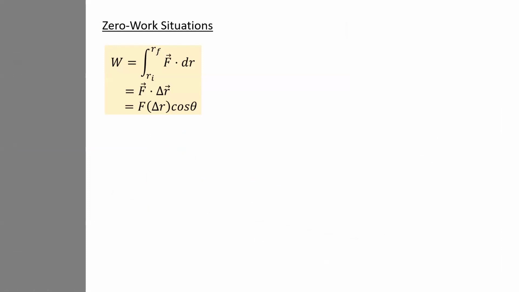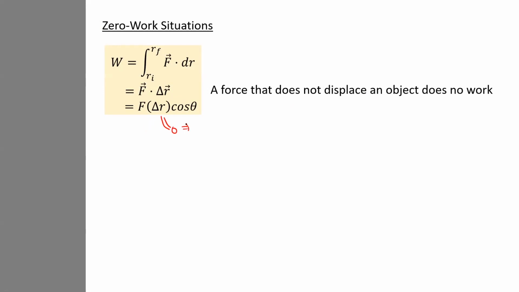We talked about it, so take a look at the expression that you see up here, in terms of dot product, or written out as an integral. A force that does not displace an object does no work, right? This is the case when delta R is 0, the work done will be 0.